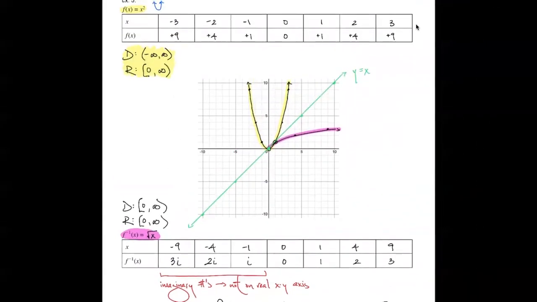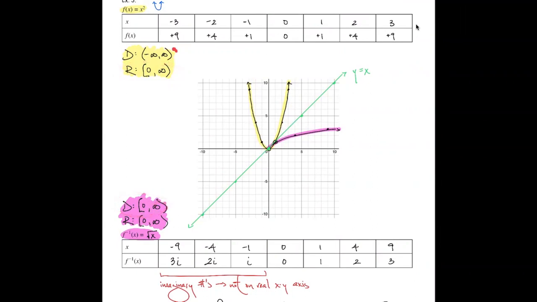Now, if we color code this in the pink, so we know this is the domain and range that goes with the inverse function, we might notice that the range or the y values of the original became the x values of the inverse. That's the same thing as saying x and y get switched, right?